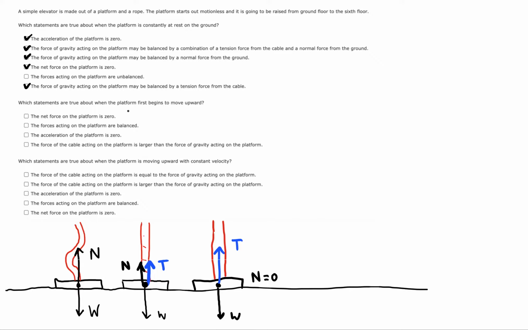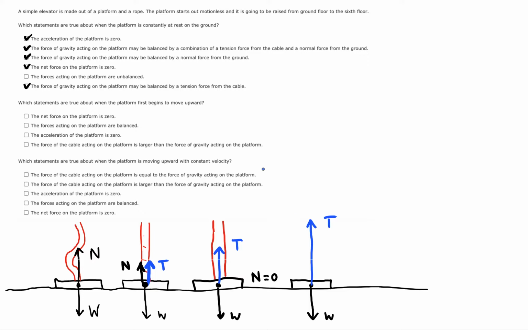Now, what about when the platform first begins to move upward? So what'll happen is the tension force needs to exceed the weight in order to accelerate this platform. There's no way it could accelerate if the tension force was staying equal to the weight. We've got to get it to start to move upward.